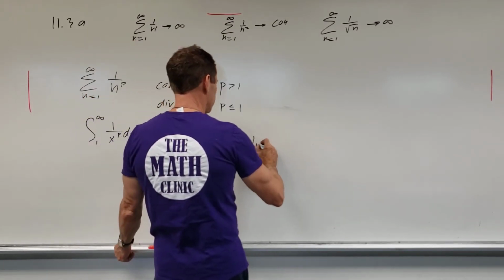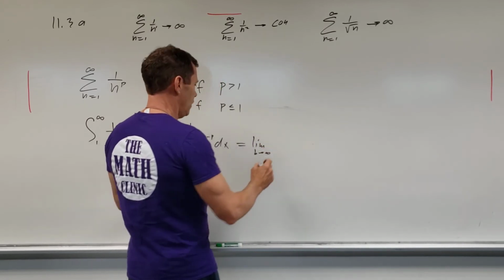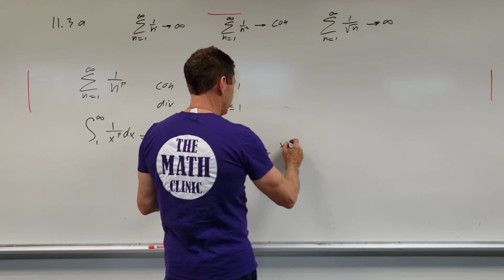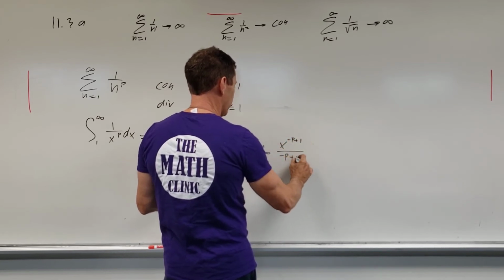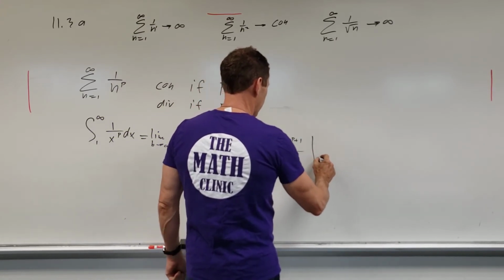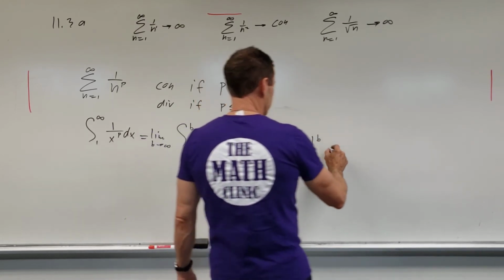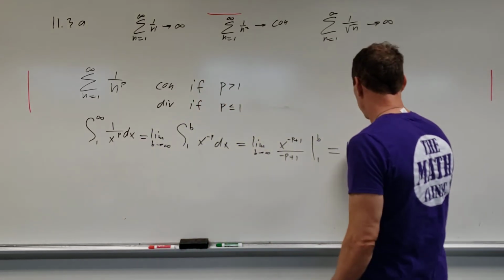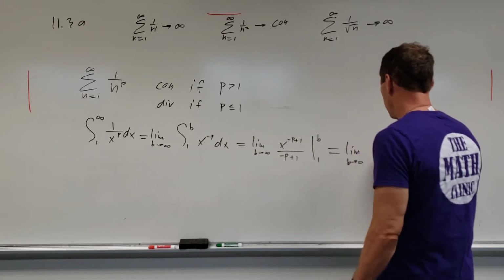Limit as b goes to infinity of x to the minus p, add 1 to it, and you divide by minus p plus 1. So I took the antiderivative of this guy, and I evaluate that from 1 to b. So this equals the limit as b goes to infinity.